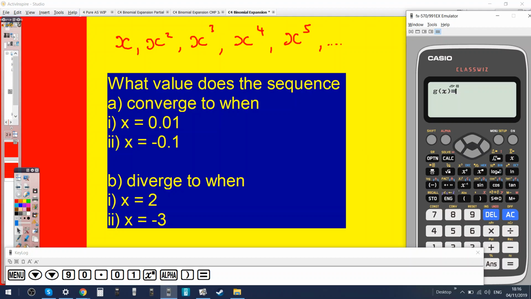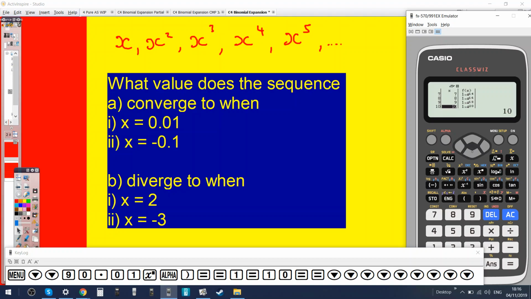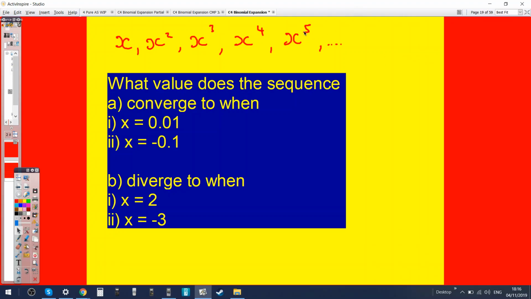Okay, so I'm going to do this. And this is from 1 to 10. So what number is it getting closer and closer to? 0.01. It kind of stays the same after a while. Is it not going to the minus? Like what is 0.01 to the power of 10 or something?